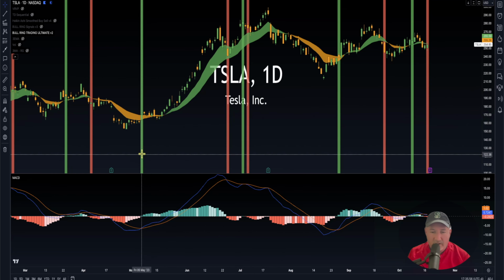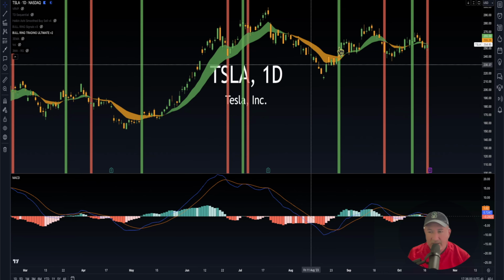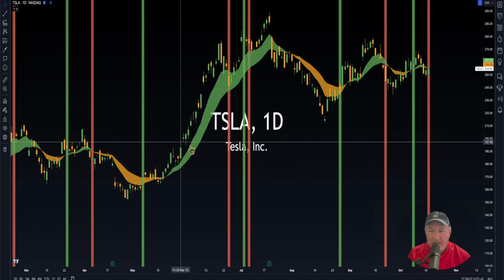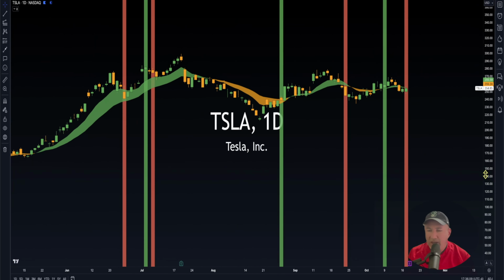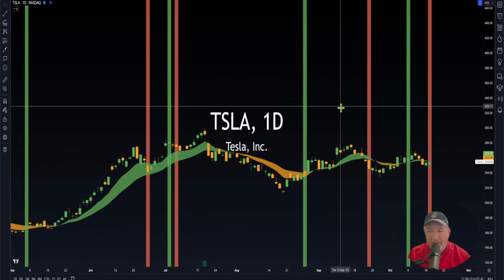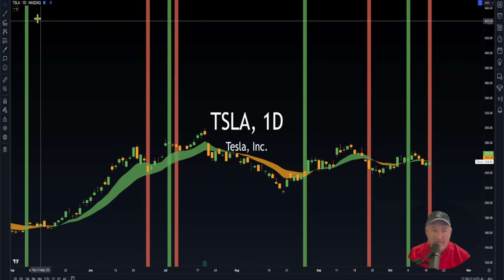So of course you have green for bullish, red for bearish, and this is important if you're trading. Now, if you like confirmation for the MACD, which I do sometimes, not all the time, but I used to always use it. Now I'm a more experienced trader, so I understand what's going on with the market a little bit more, but you might want to use it, and I'm going to tell you why.